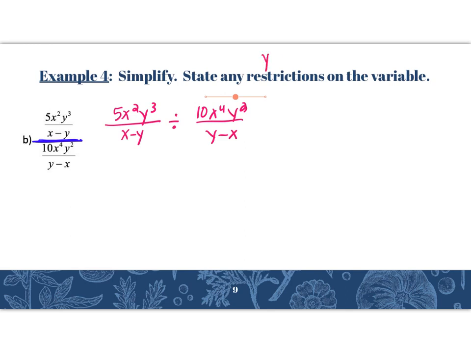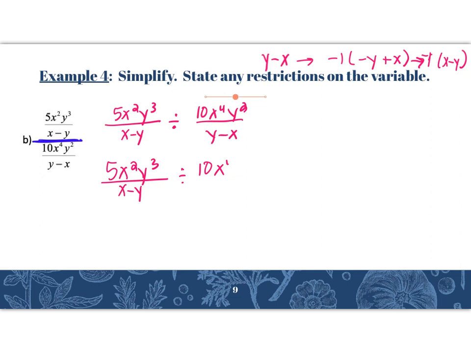So if I have y minus x, I'm going to factor out a negative 1. And if I do that, I get negative y plus x, which then gives me negative 1 times x minus y. So I have 5x squared y cubed over x minus y divided by 10x to the 4th y squared over negative 1 times x minus y.